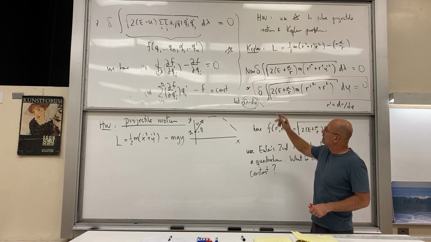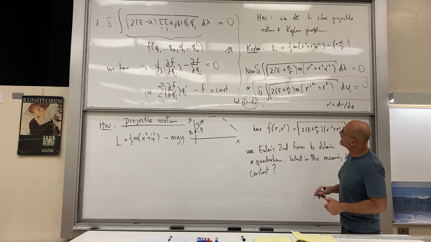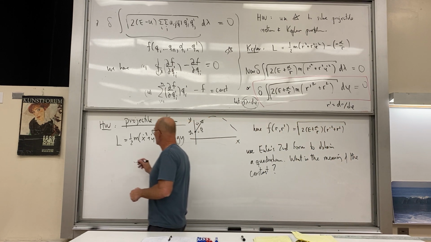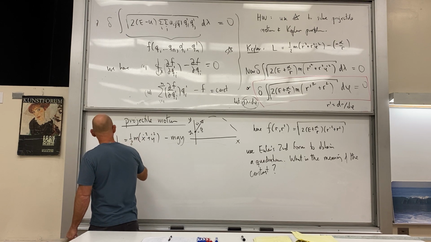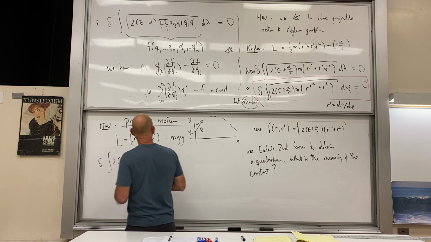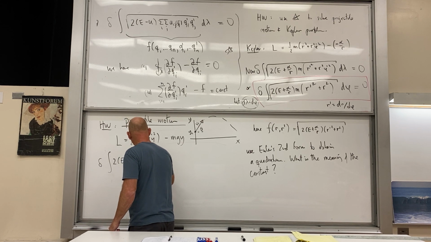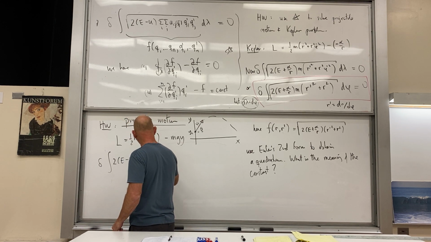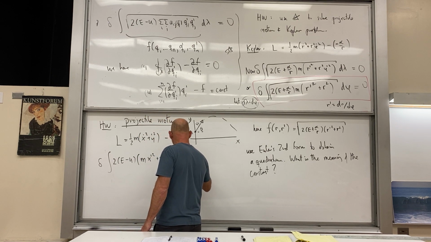So we want to use Maupertuis's technique here to do that. So again, what we're looking at is this integral here, square root of 2 (E minus U), and then we could say we have m, I'll leave the m inside here this time, m x prime squared plus m y prime squared d lambda.